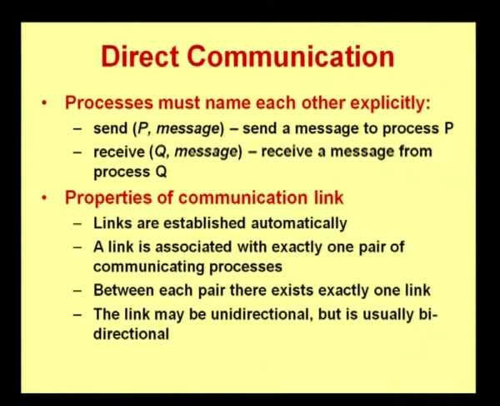Say for example, I have a question. If P1 is going to send to two processes at the same time, P2 and P3, which process will receive it? That will be determined by the operating system.